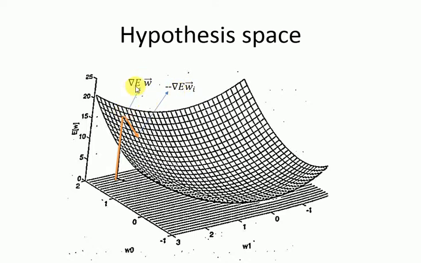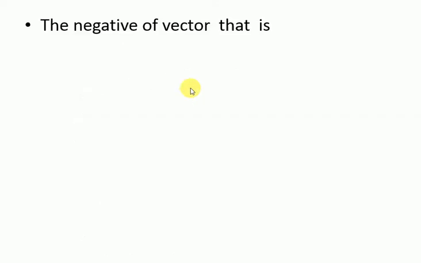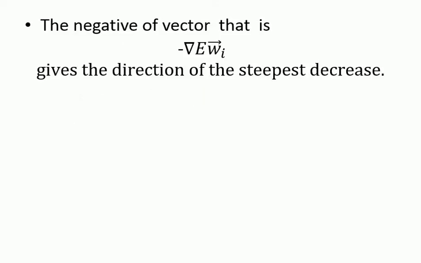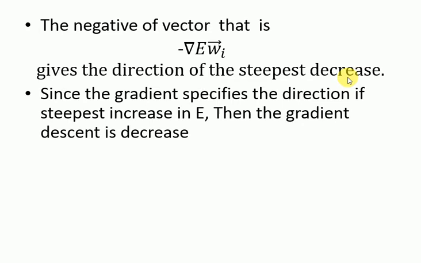This is the gradient increase and this is the gradient decrease. So we need to decrease the given error using the weights, and that is minus the gradient of E of w. It gives the direction of the steepest decrease.